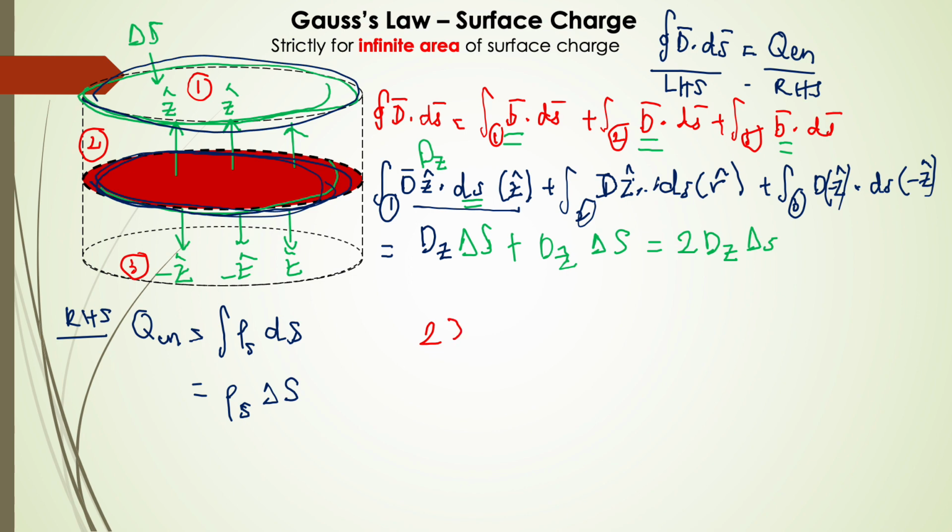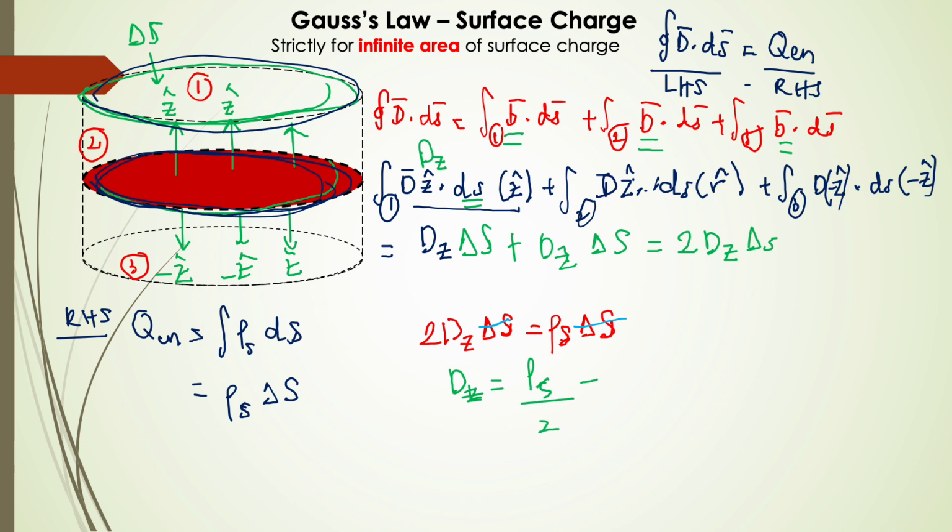If we make both sides equal, left hand side and right hand side, it is 2 Dz S equals rho s S. If we simplify, this S can be cancelled out, so your Dz will be rho s over 2.